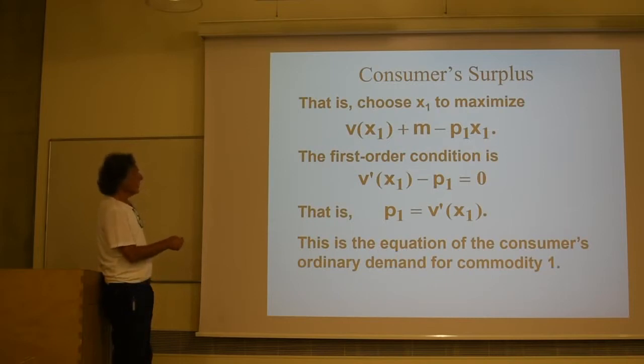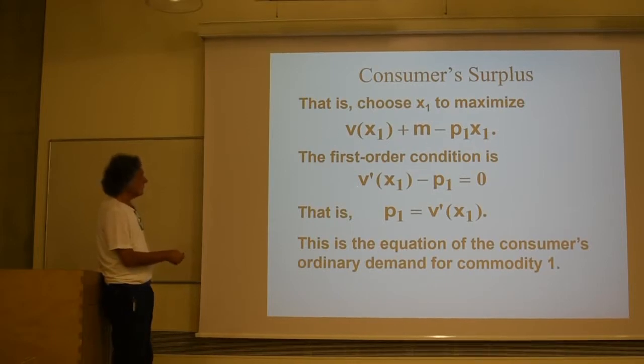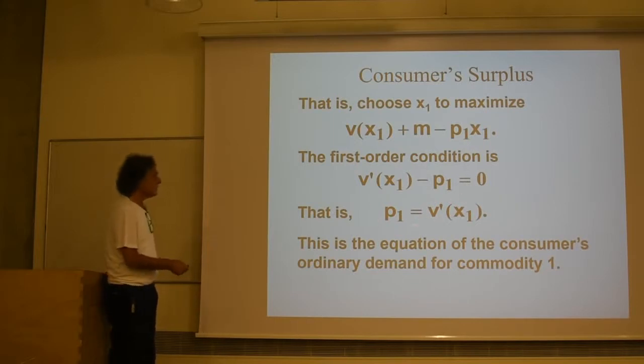Now, in order to maximize utility, I take the derivative: v prime of x1, minus the derivative of p1 x1 with respect to x1, which is p1. And I get that p1 equals v prime of x1. If I know v, I know the derivative, I can solve it. You tell me x1, I tell you p1. Here I don't need to solve it; this is the inverse demand.